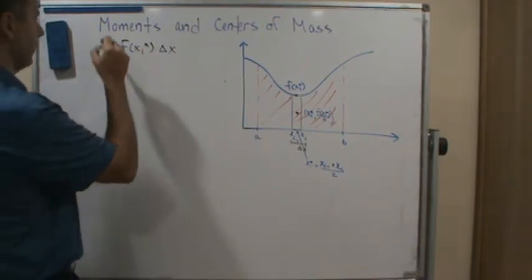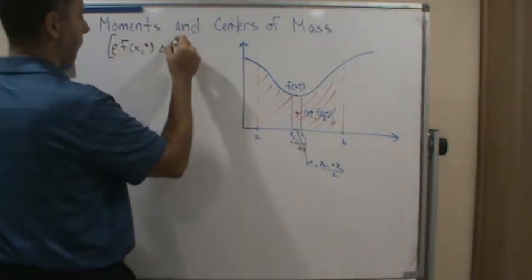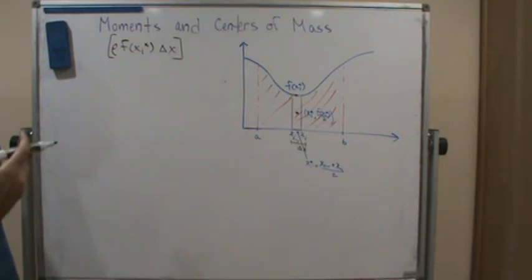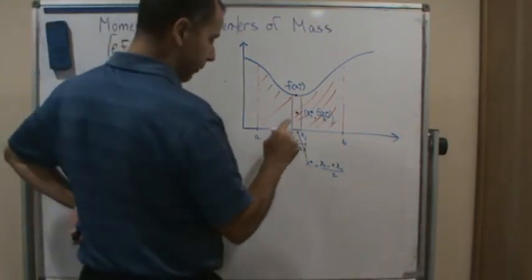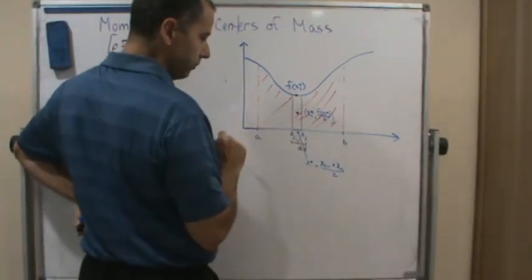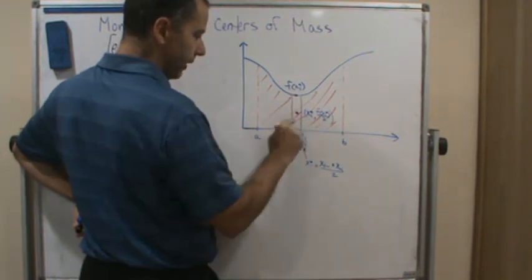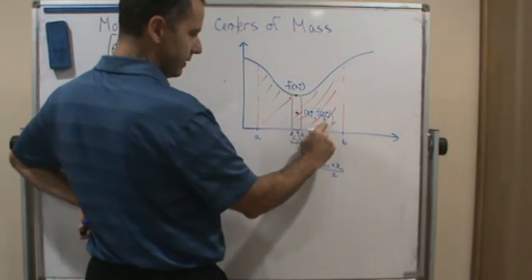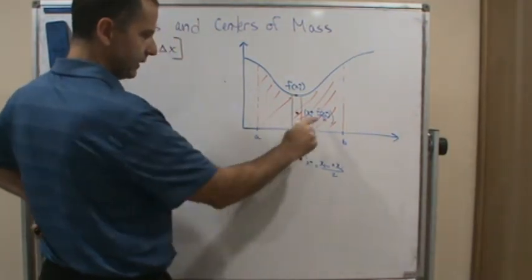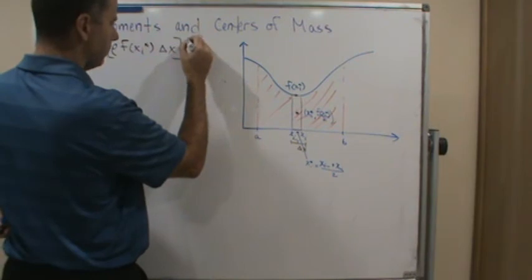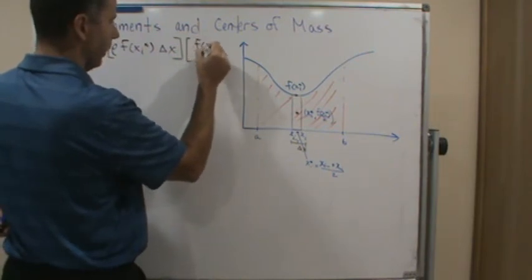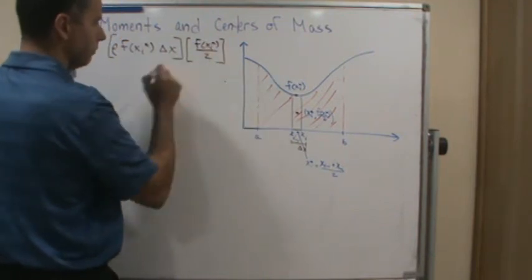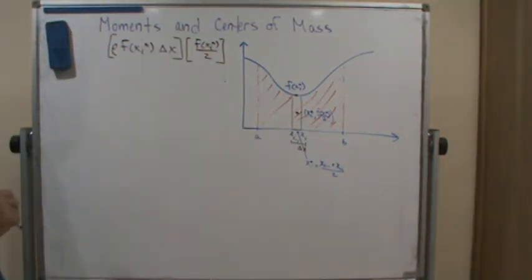And so now what we're going to do is take this and multiply by the distance that the centroid is from the x-axis. Now, again, we're centering everything here. And so this distance at this point, the centroid, is this distance away from the x-axis. So we're going to multiply by f of x sub I star divided by 2, the halfway point, right?